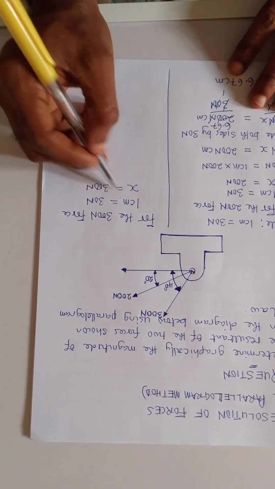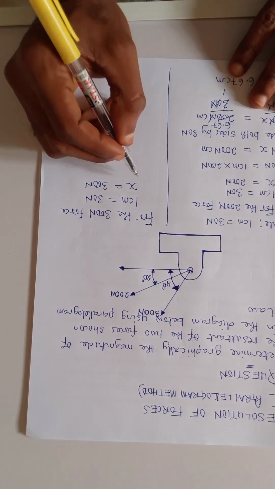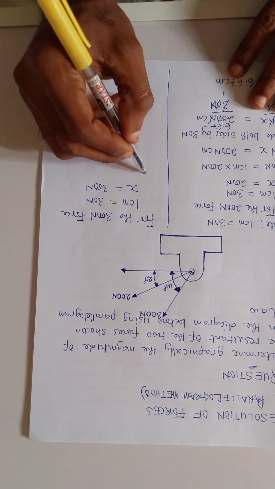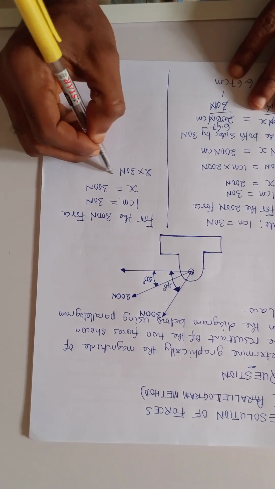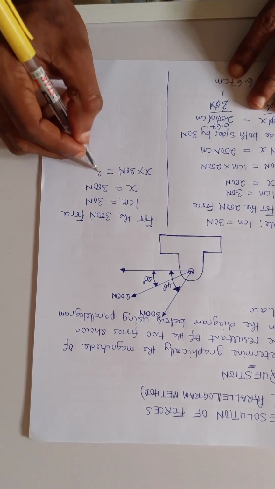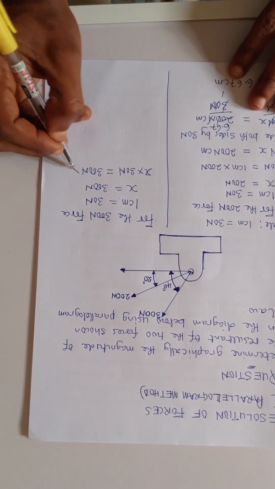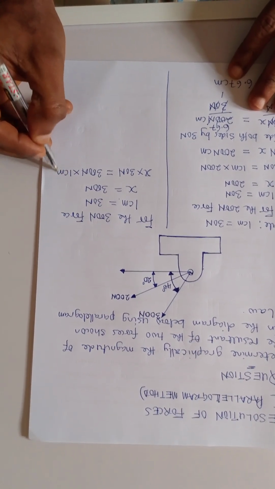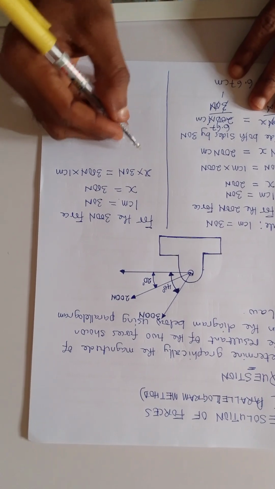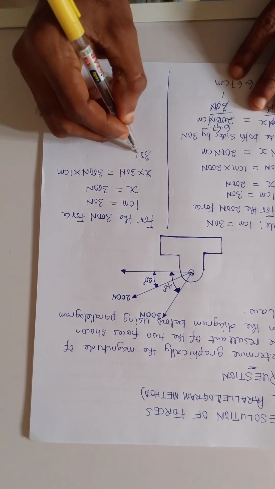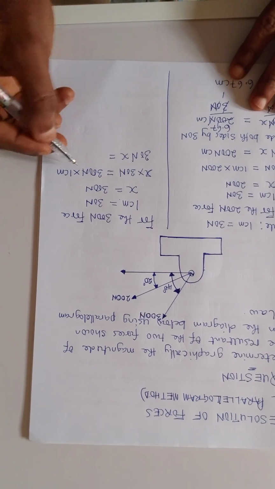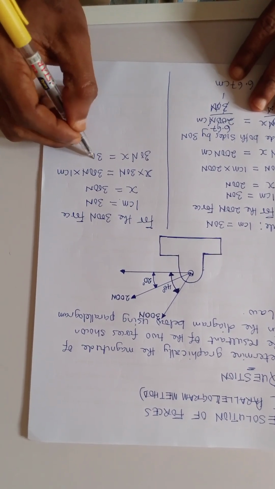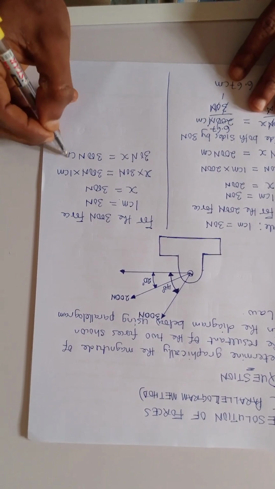When we cross multiply, we have x times 30 Newton equal to 300 Newton times 1 cm. So x times 30 Newton gives us 30 Newton x, equal to 300 Newton cm.